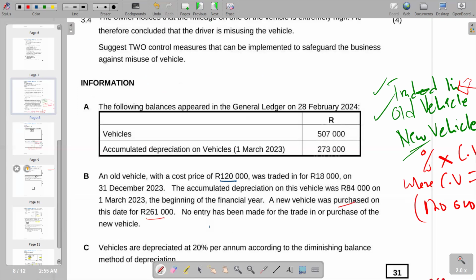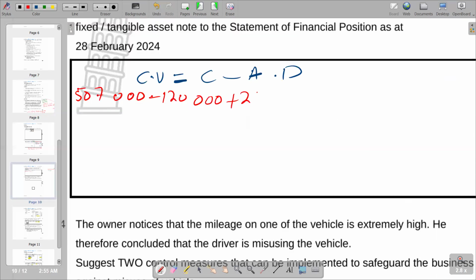So it's an addition, plus 261. So if you calculate it like that, you see that the value we're going to get is 648. And then this is the cost.